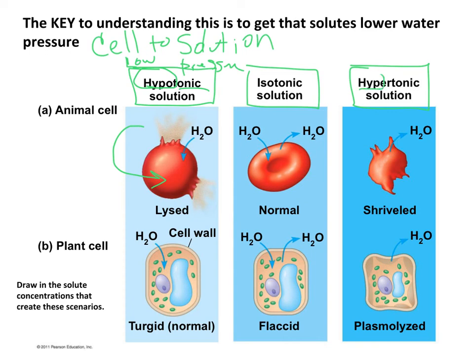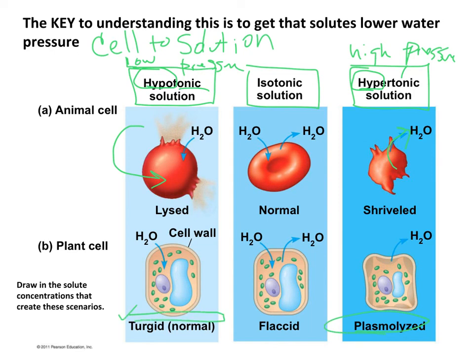Hyper, like hyperactive, is high too. So this is high pressure, tonic. So when the cell is at high pressure relative to the solution, the water is going to leave the cell. The cell will become smaller or more shriveled, and that's called plasmolyzed. So a cell can be turgid.